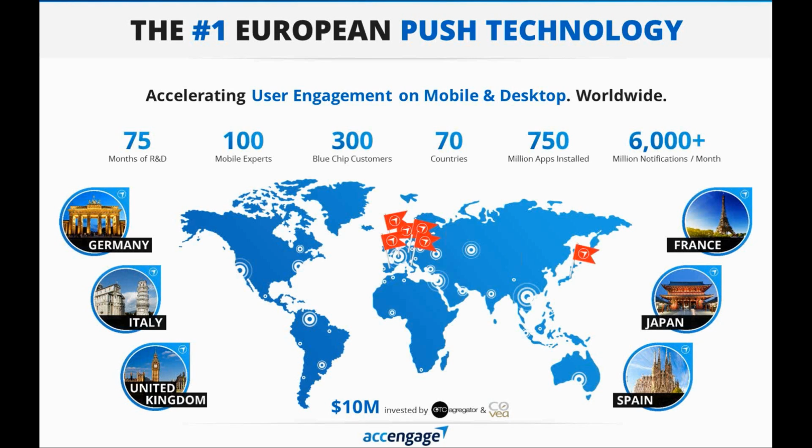Our SDK and our software is embedded in more than 750 million applications, and we send every month more than 6 billion push notifications. We have full coverage of the European markets, specifically Germany, France, Italy, Spain, the UK, but also all the other markets. And we also have a partnership in Japan, and we have customers from all over the globe.